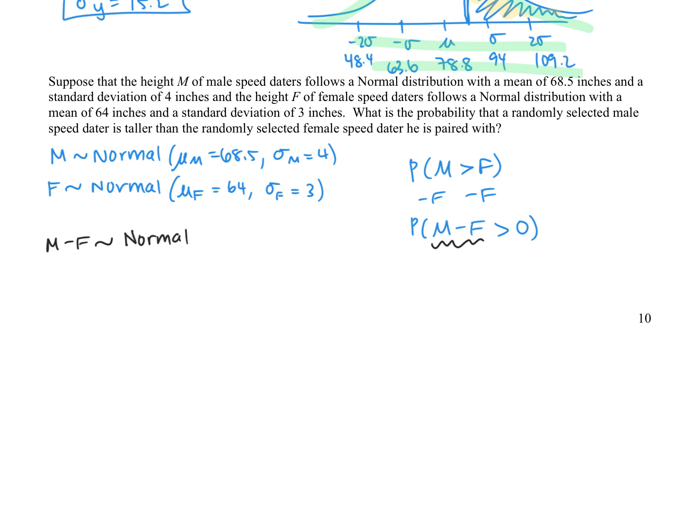So if I take two distributions and combine them, I'm still going to get a normal distribution. This is called a combination: taking two variables and combining them into one. To find the mean of that new distribution, we just subtract 68.5 minus 64, so that'll be 4.5.